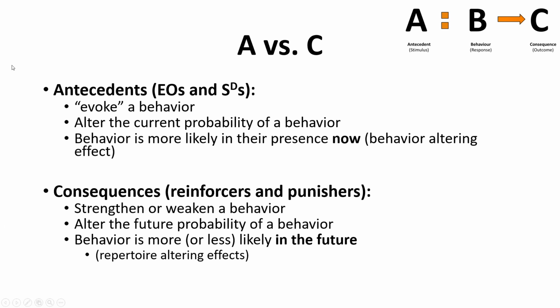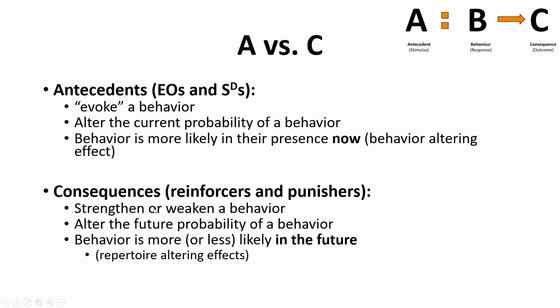So when we're talking about A's, we're going to be talking about SDs. We're also going to mention our EOs because the motivation part really helps. And so that's sort of setting up the situation and how likely a behavior is to occur. Our consequences, or the C part of this equation, is referring to our reinforcers and punishers. So like I said, we've mostly been focusing on reinforcers, and we're talking about antecedents making it more likely for something to occur.